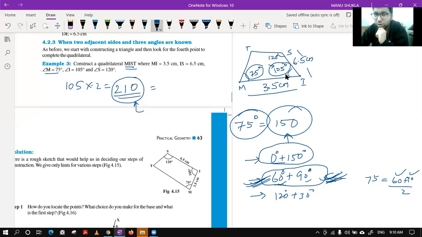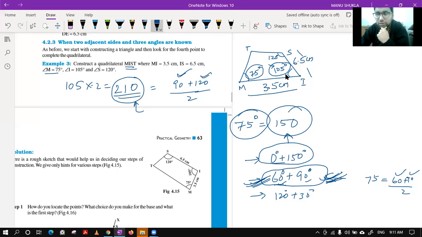So if I go for 90 and 120, will that work? Please confirm. To draw the angle of 105 degree, can we take the angles as 90 and 120 and bisect them?